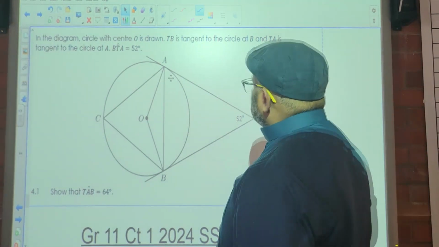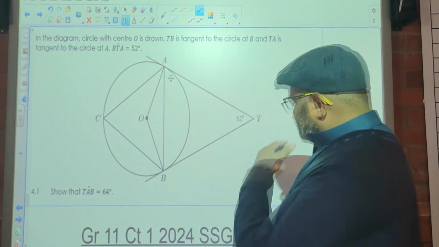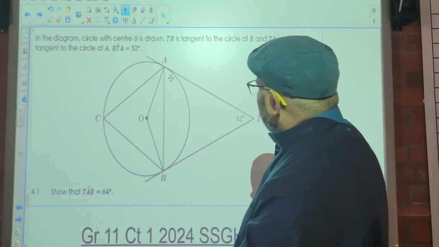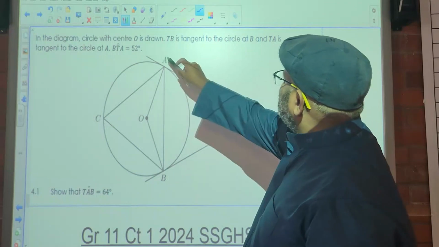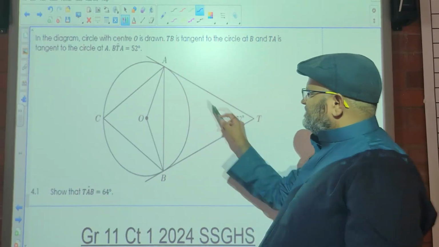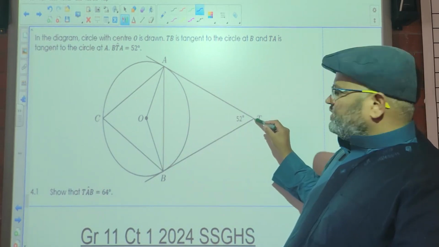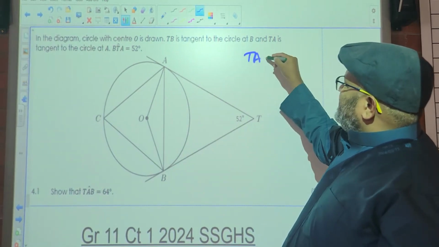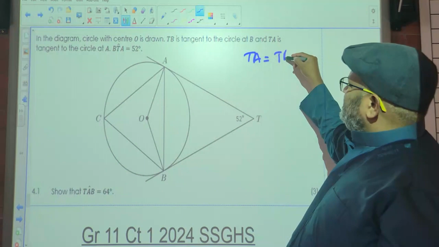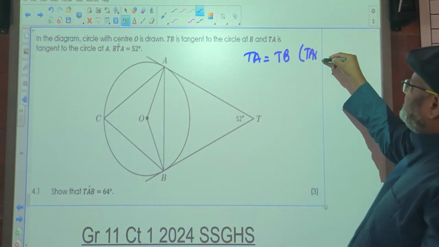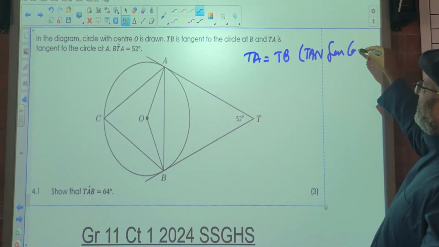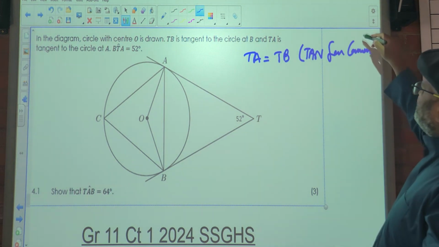So when we start, we firstly know that this is a tangent and that's a tangent. So what do we have? Tangents from a common point. So I firstly say that TA is equal to TB, tangents from a common point.